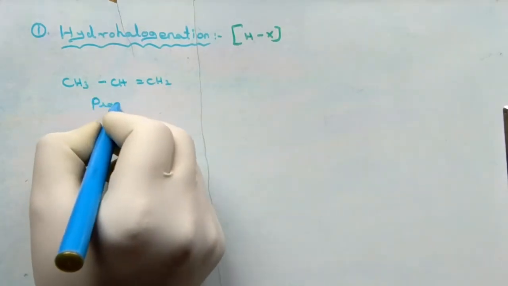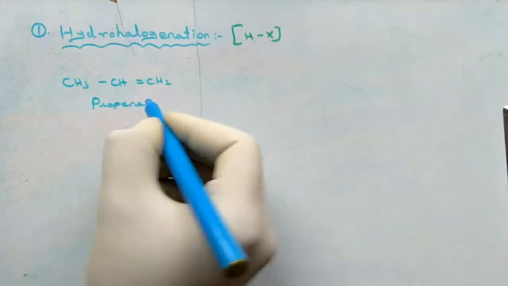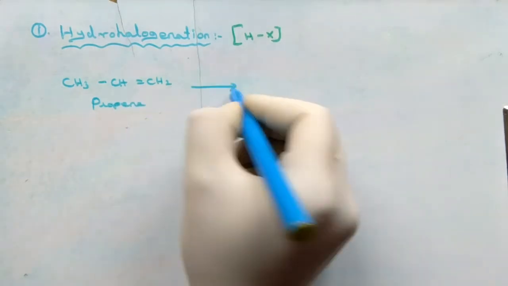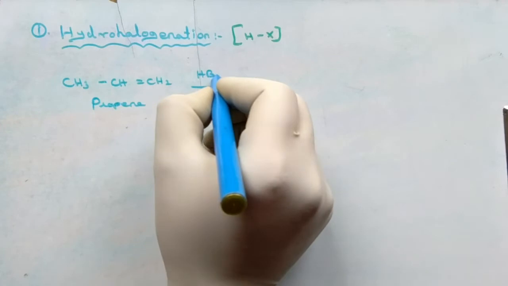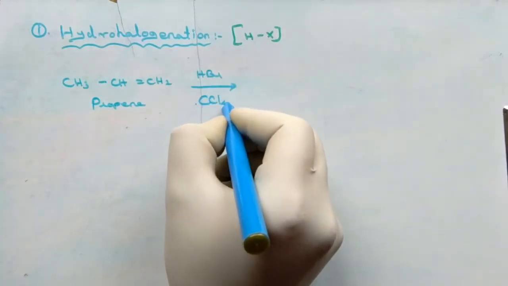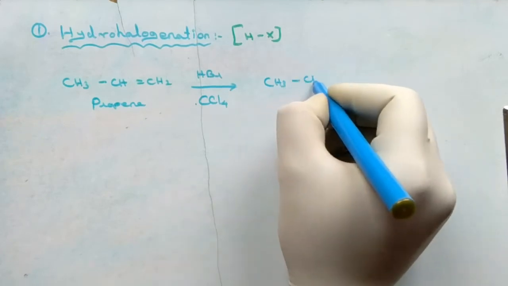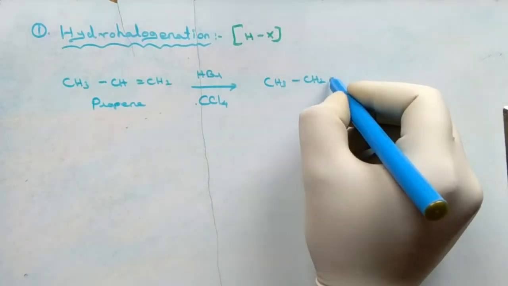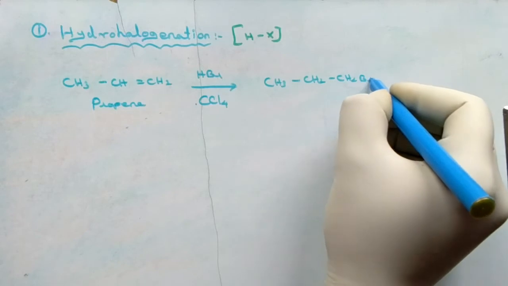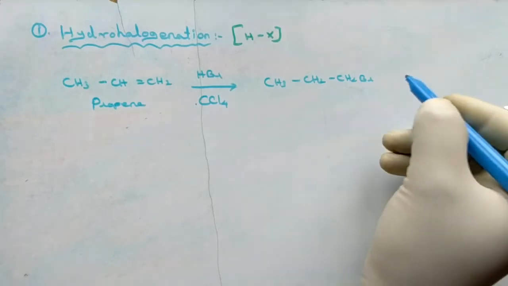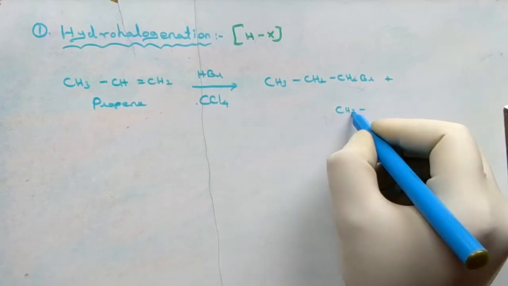Propene is an alkene which has 3 carbons, and it undergoes a hydrohalogenation reaction with HBr in CCl4 medium. In this reaction there are 2 products possible. The first one is 1-bromopropane and the next one is 2-bromopropane.